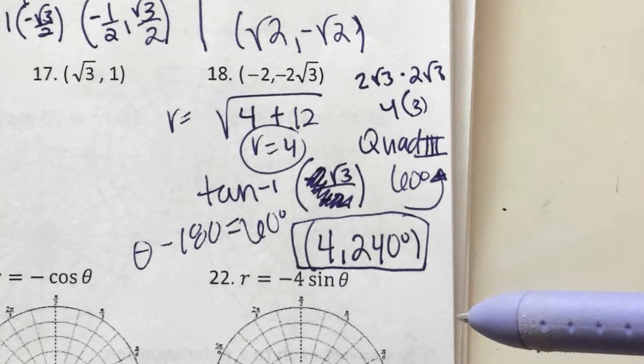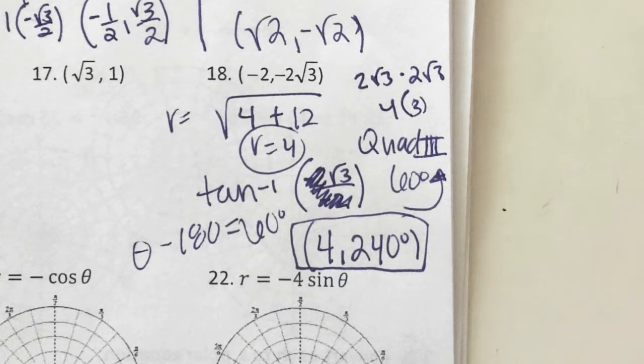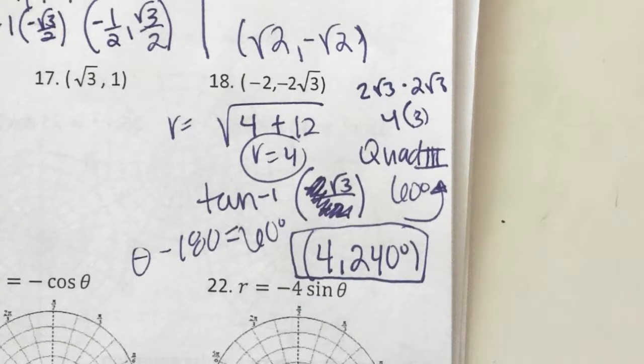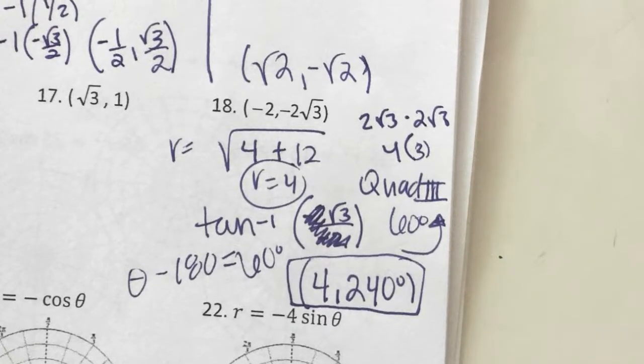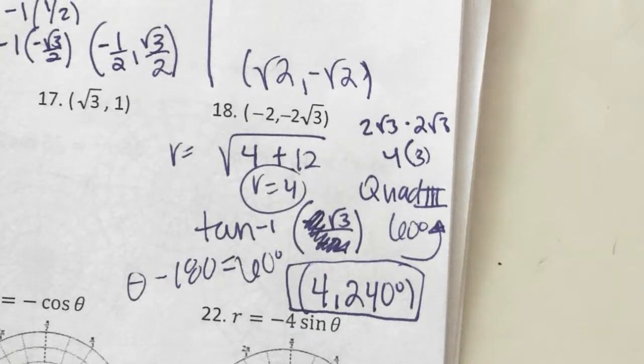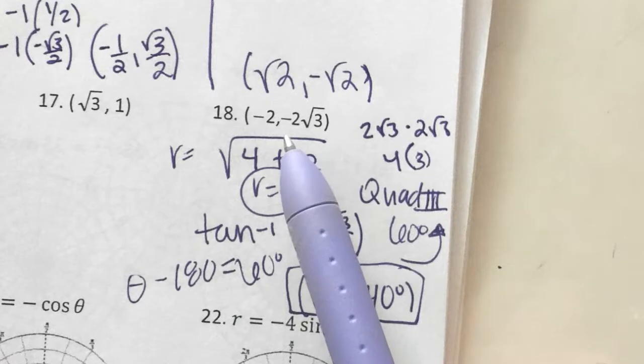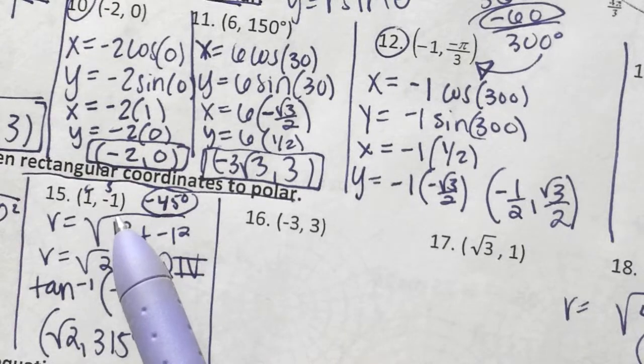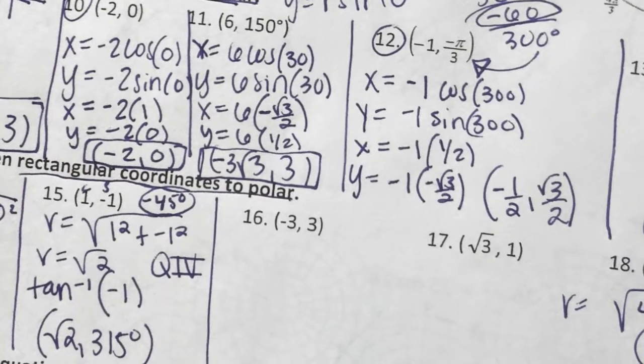Alright, go ahead and do 16 and 17 on your own. We'll have time to finish our checkpoint. If not, we'll work on it tomorrow. How do you feel about 16? No, because 60 is not in quadrant 3. But the other one was negative 45, right? And was that in quad 4? Yeah, so we could leave it.